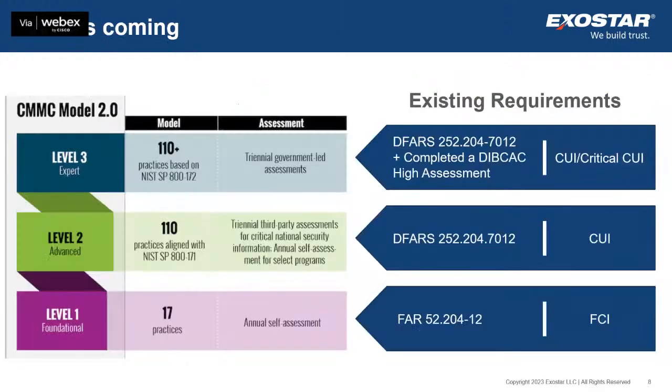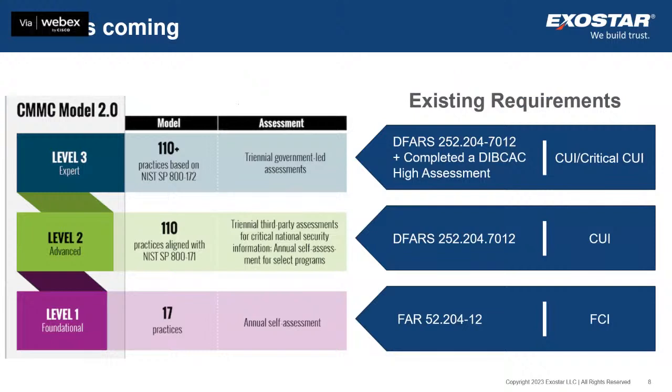As we switch over to CMMC, we often get a lot of questions about, what level of CMMC do I need to comply with? And really the thing to think about there is, what do you do today, and what do your contracts say today? What clauses do you fall under?